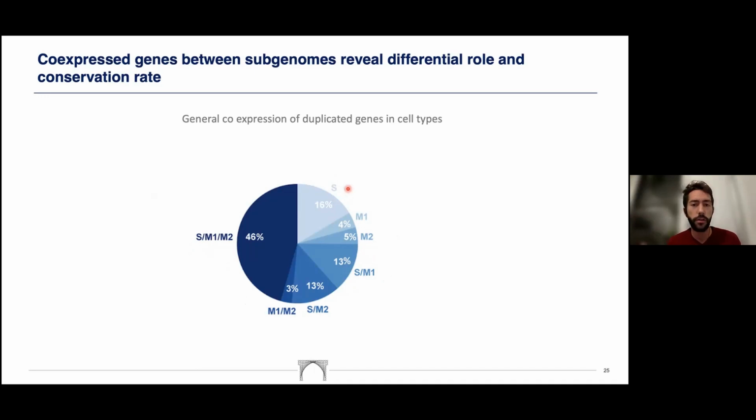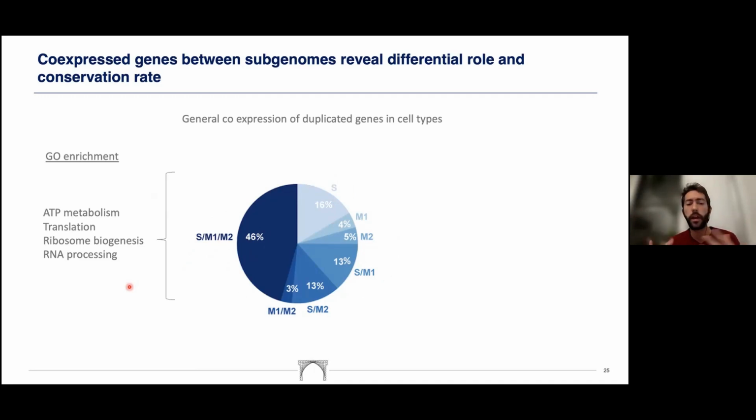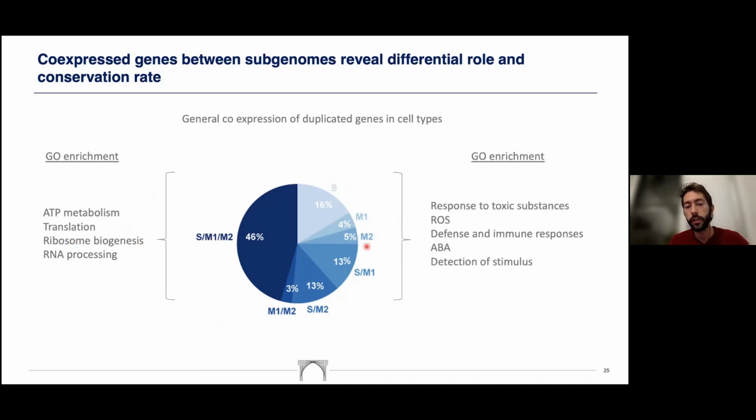So when we look at GO terms associated with these different categories, we found that these co-expressed genes, 46%, were highly enriched for cell homeostasis and general cells' everyday life, let's say, with ATP metabolism, translation, ribosome biosynthesis, and so on. However, in the other categories, we found that these different genes were actually enriched for adaptive responses and adaptation in general, because we could find response to toxic substance, detection of stimulus, and defense and immune responses.